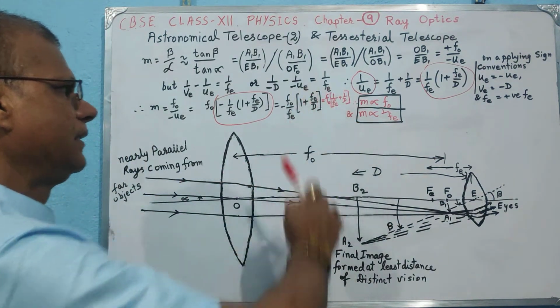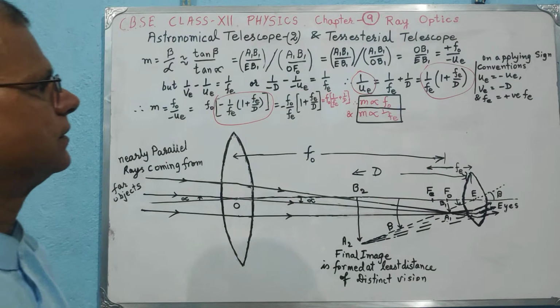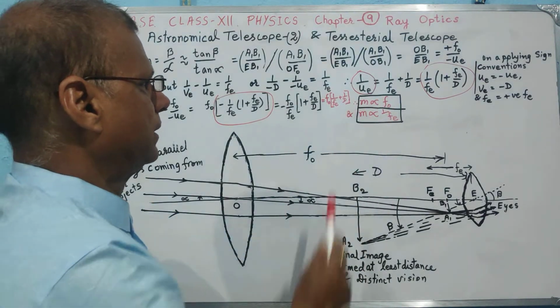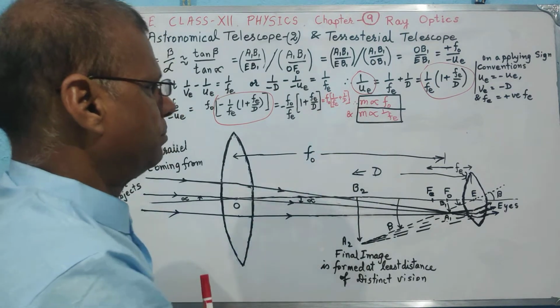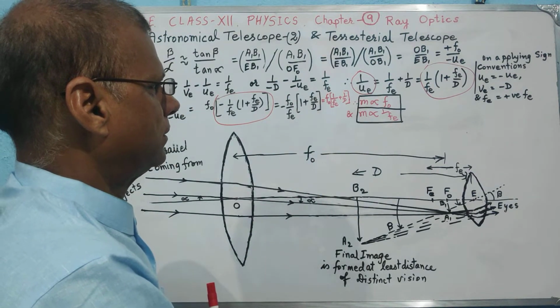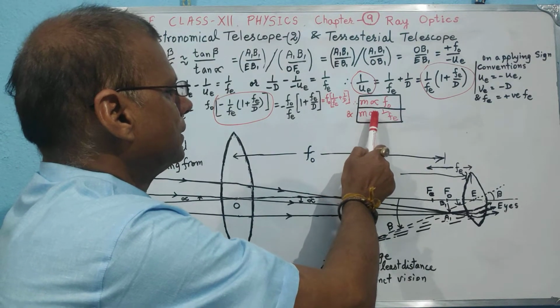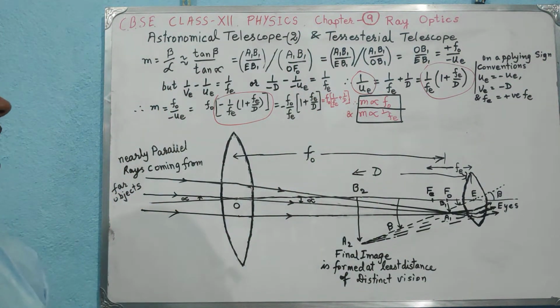While we write it in this form, it helps us understand that magnification is directly proportional to the focal length of the objective and decreases with the focal length of the eyepiece; it is not exactly inverse, but nearly inversely proportional to the focal length of the eyepiece.